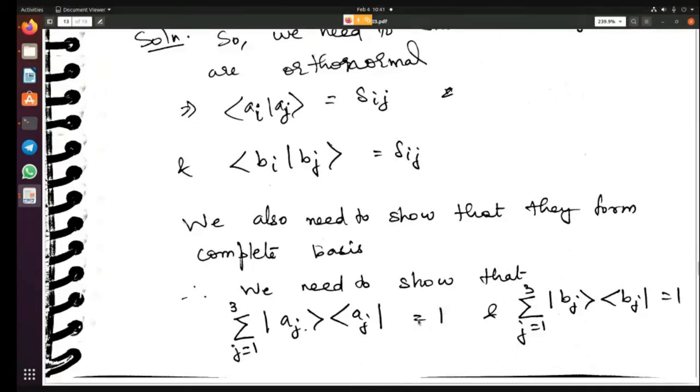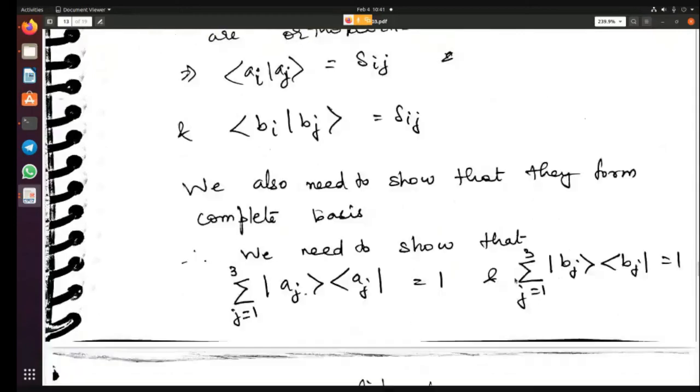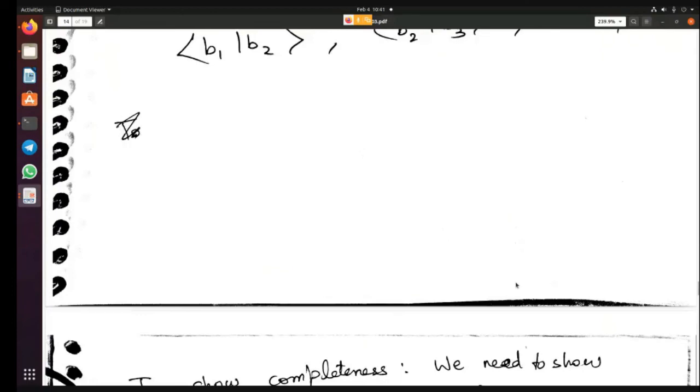It shouldn't be 1, but anyway. In order to show that it is a complete basis, we need to sum up from j equal to 1 to 3. Why from j equal to 1 to 3? Because there are only 3 eigenvectors we got for A. So just sum it up and you should get 1.